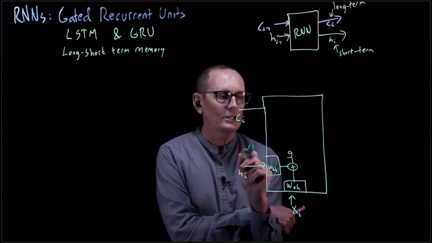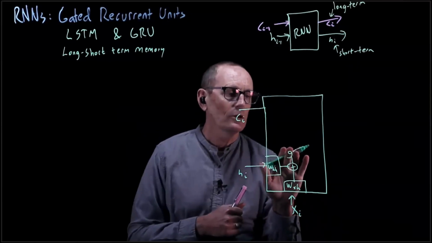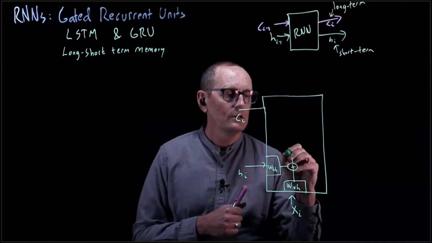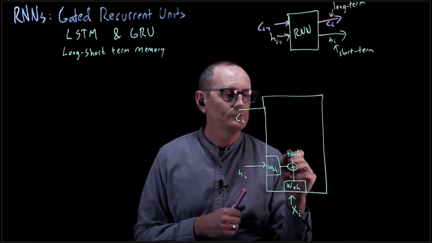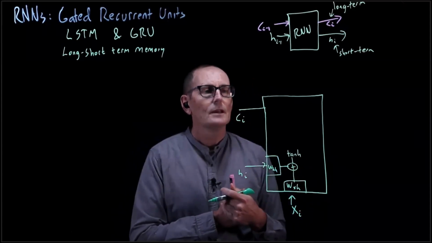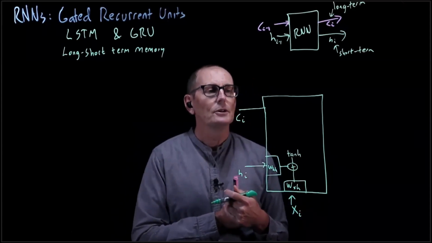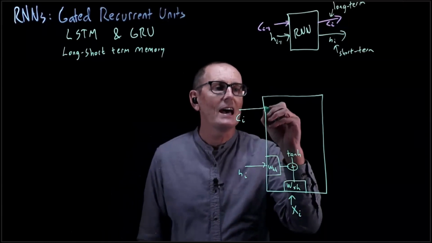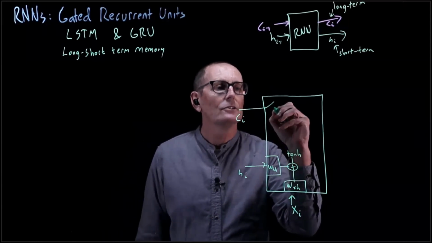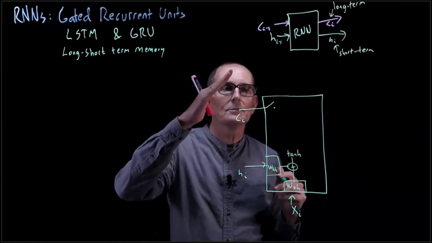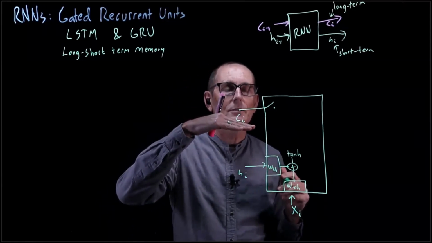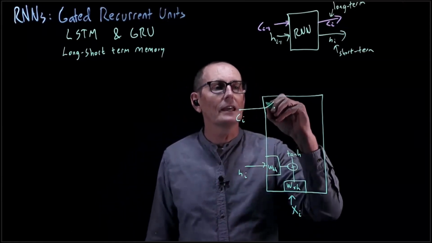What's going to actually happen is we're going to make this activation function be tanh. The second thing that we're going to do is add a gate here. So think of this as a gate that either can pass through C sub I or not pass through C sub I. And this is called the forget gate.